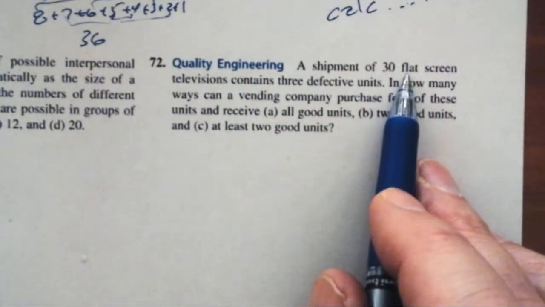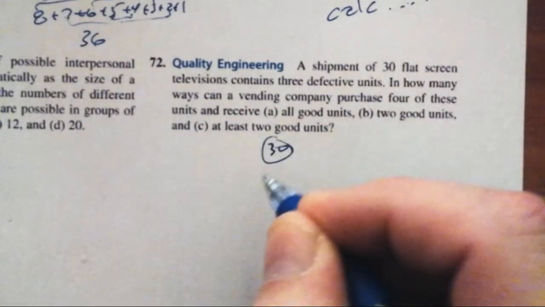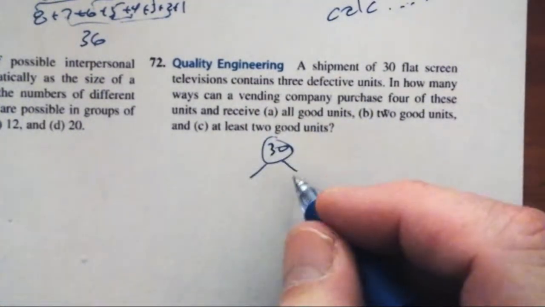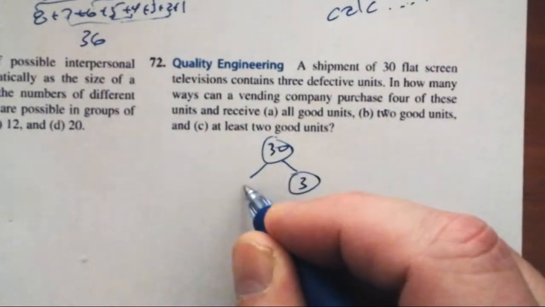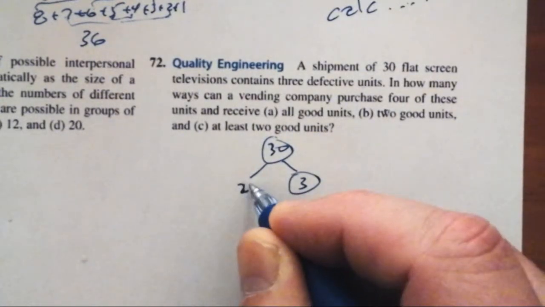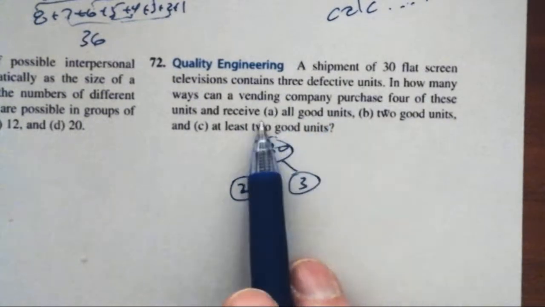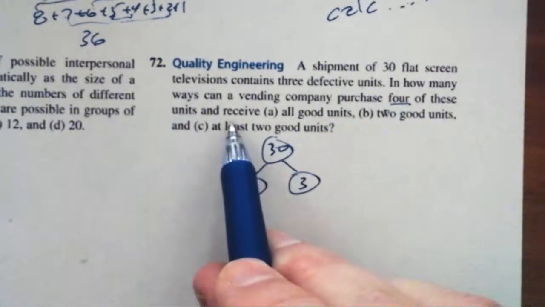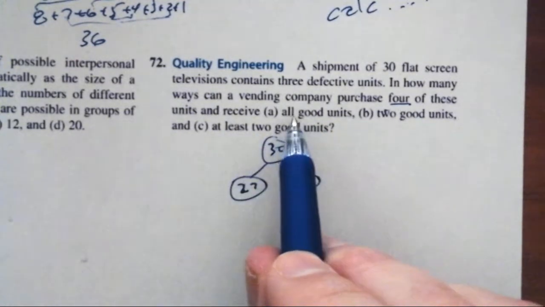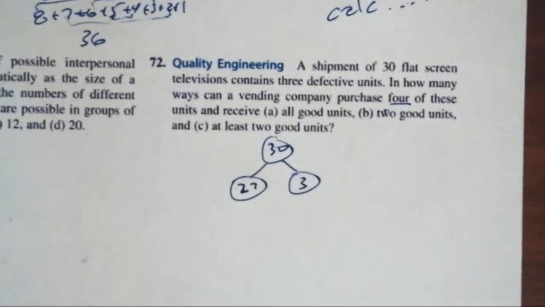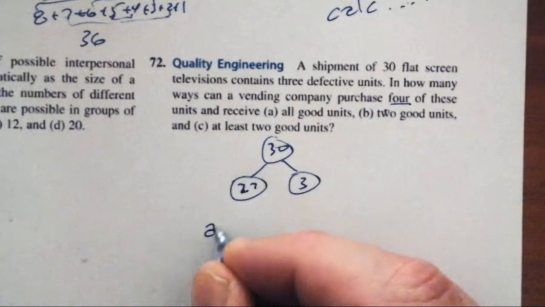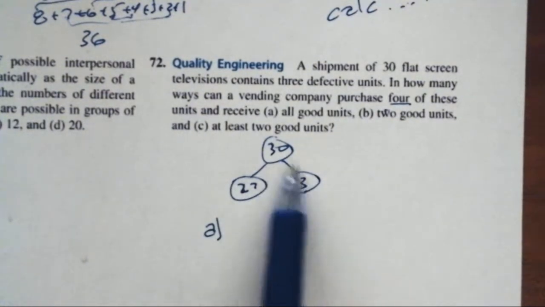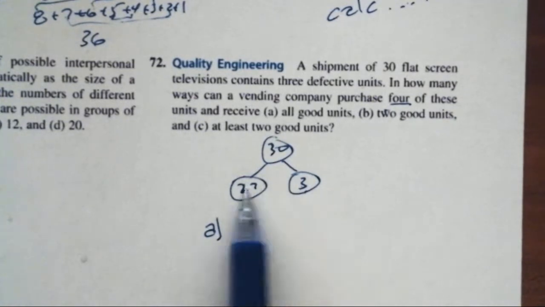We got 30 flat screen televisions. Out of those 30 flat screen televisions, 3 are defective. So we got 3 bad ones. We must have 27 good ones. We're going to receive 4. Of these 4 units, how many ways can we receive all good units? So if I'm going to go all good in A, I'm not really selecting from the 30, because if I select 4 from 30, sometimes I'd get bad ones in there.